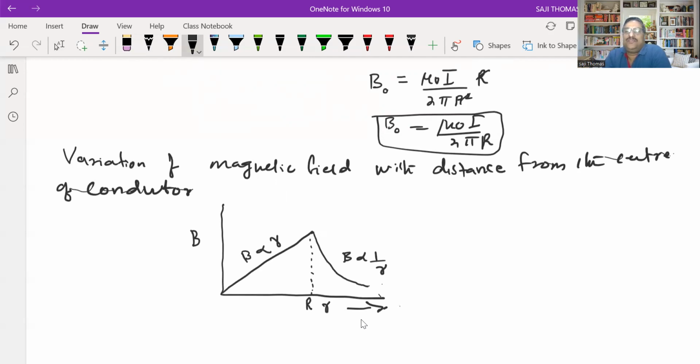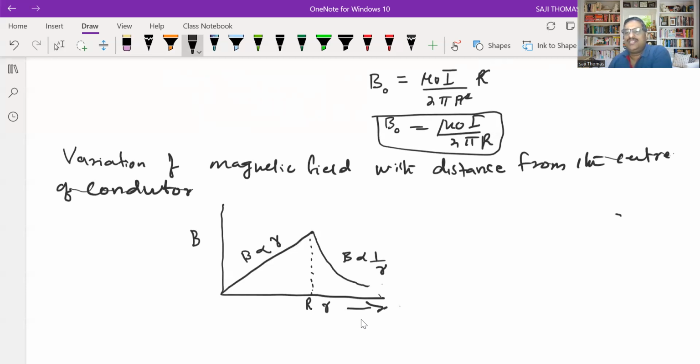So we learned today Amperian Circuital Law and one of its applications. What is Ampere's Circuital Law? Actually, it is an alternative form of the Biot-Savart law. What is the statement? The line integral of magnetic field around a closed loop is equal to mu 0 times the total current enclosed by the loop.